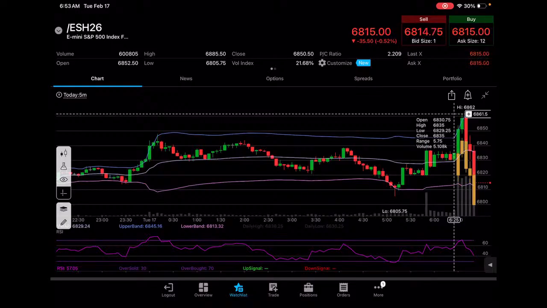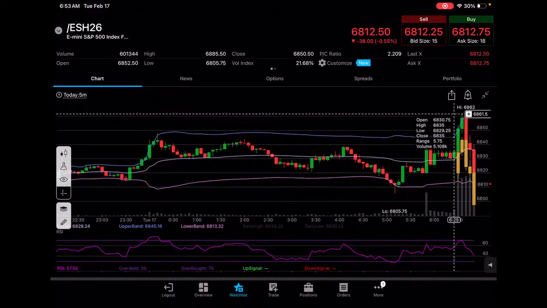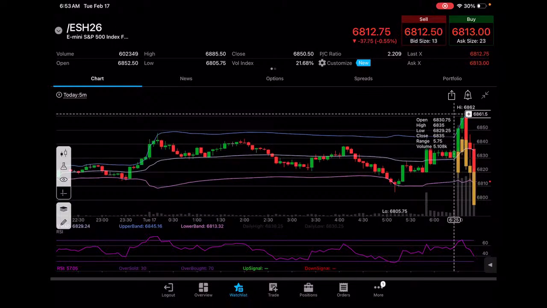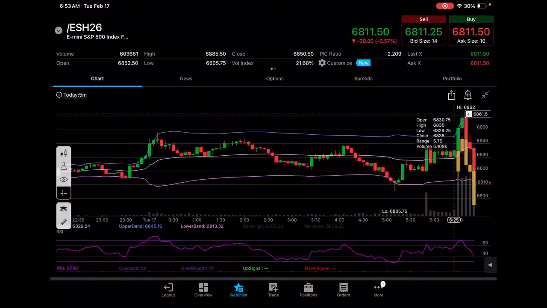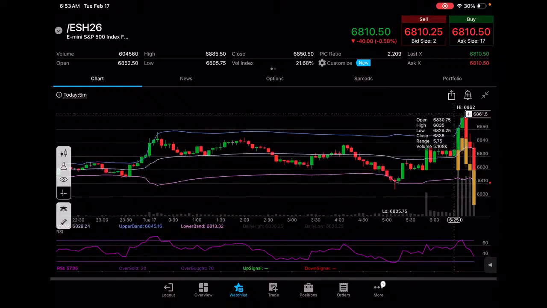I'm looking at a 5-minute chart, and I'm not getting confirmation that it has rejected the VWAP yet, but let me get back to this analysis.